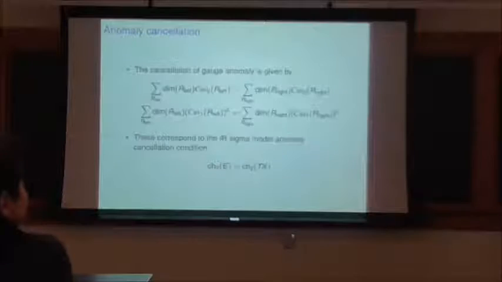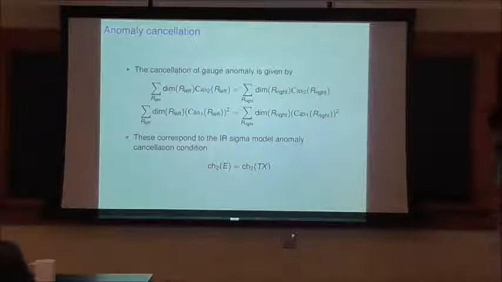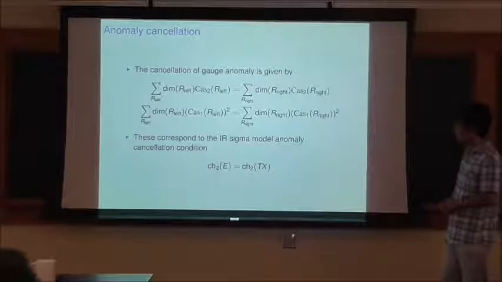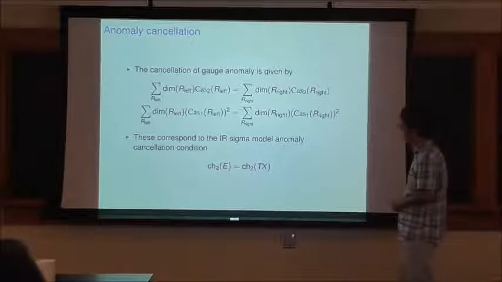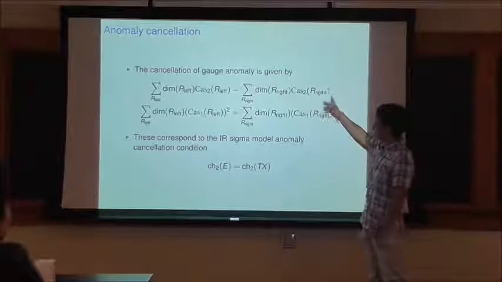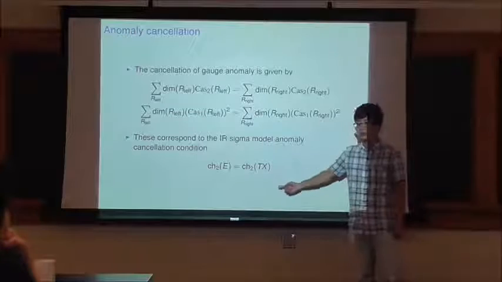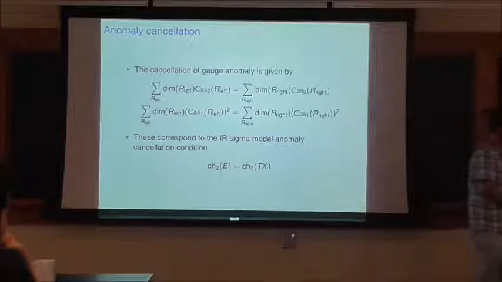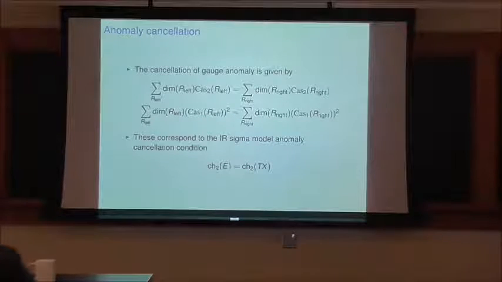And one of the major arguments we use, and prove in our paper, is that this anomaly cancellation condition is actually equivalent to this simple equation in the IR, where you do have a geometric interpretation, and the condition is that the second Chern character of the gauge bundle has to be the same as the second Chern character of the tangent bundle of the underlying space.